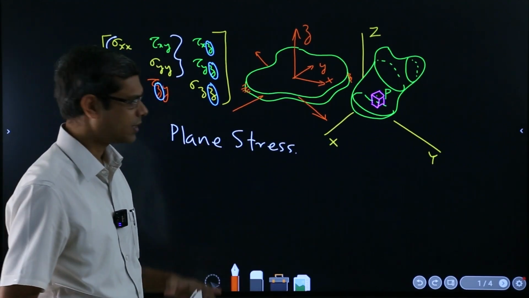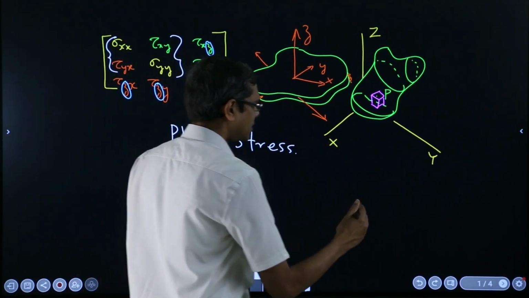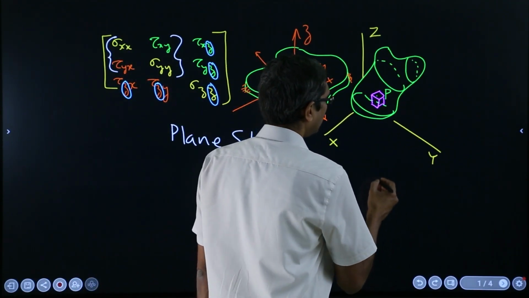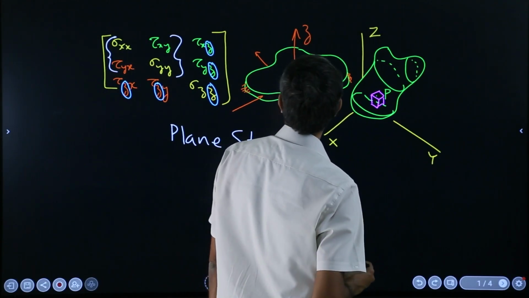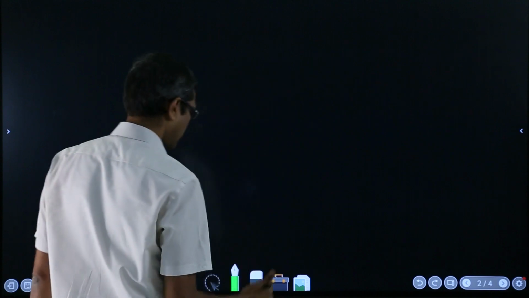And once we have this, if you remember the stress cube which we were drawing, now it will become, okay, I'll go to the next maybe.